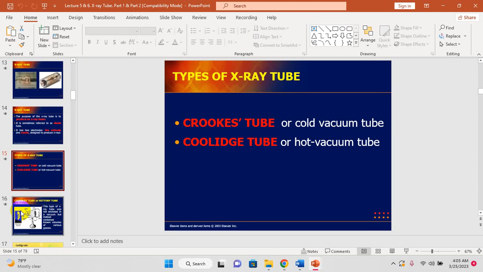Kasi pag sinasabi natin pag efficient ang X-ray tube, much better ang production ng X-rays. And there will be less X-rays or mAs that you will give, and there will be less exposure to the patient.